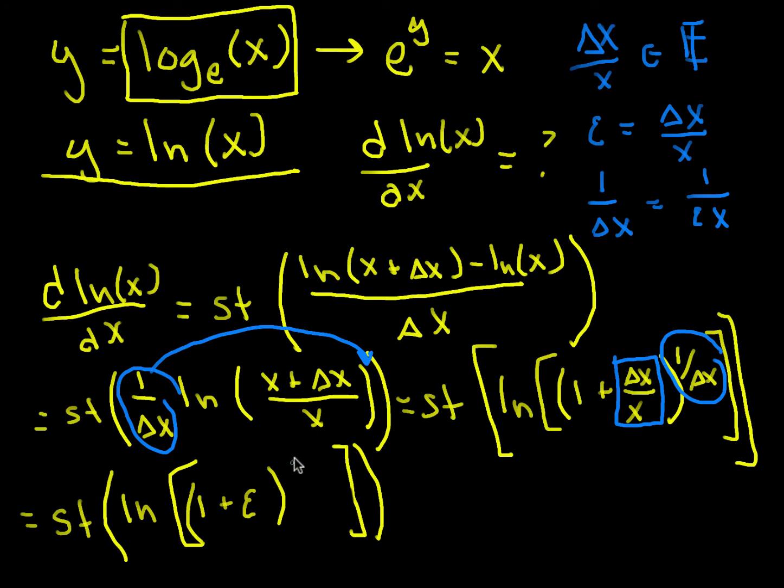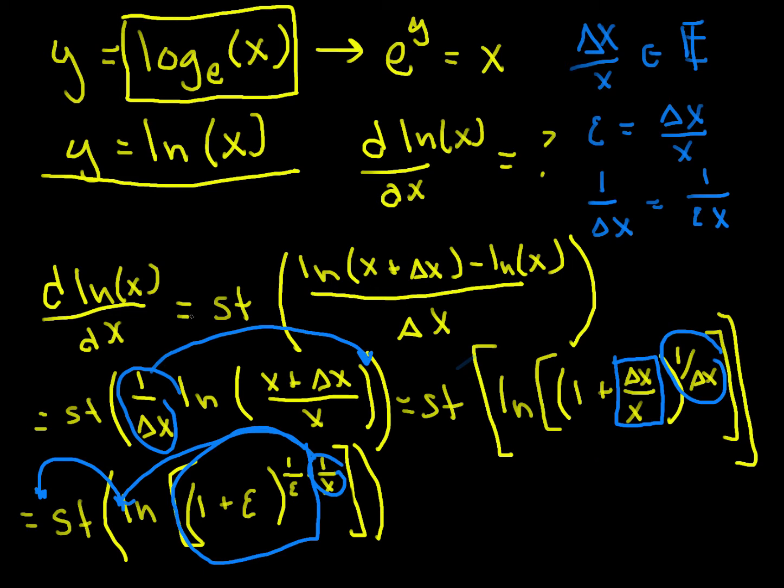This is 1 over epsilon times 1 over x. Now, why is that nice? Well, this whole expression is being raised to the 1 over x power. If it's being raised to the 1 over x power, that means this can come out as my coefficient. And in fact, it's a real number, so even better, it can come all the way out of my standard part.